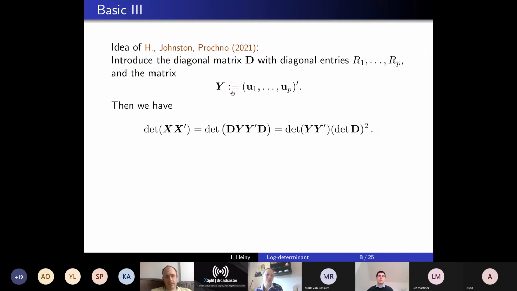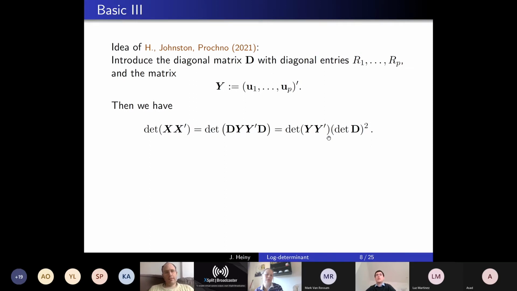So the rows of this matrix are just the ui that I had before. And then I can rewrite the determinant of XX transpose as the determinant of this matrix here, just plugging in because X equals D times Y.